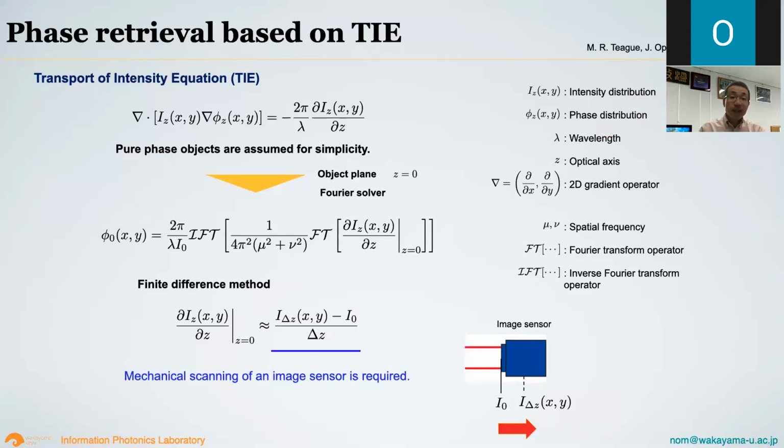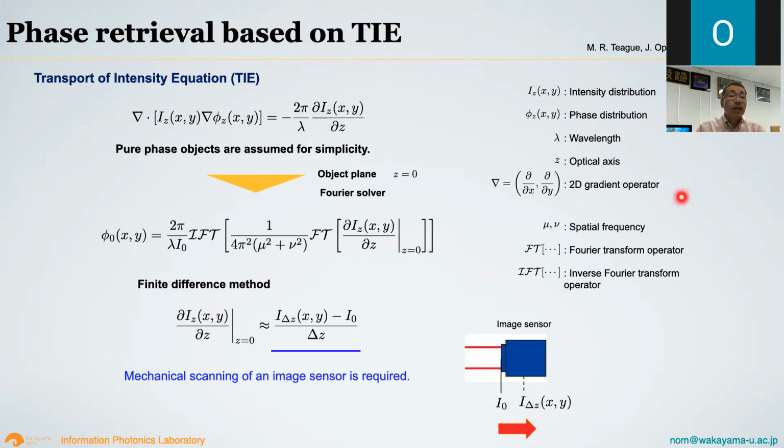Phi z is the desired phase distribution to be measured. In this case, the object is placed at z equals 0. Lambda is the wavelength. Nabla denotes a two-dimensional gradient operator by definition.